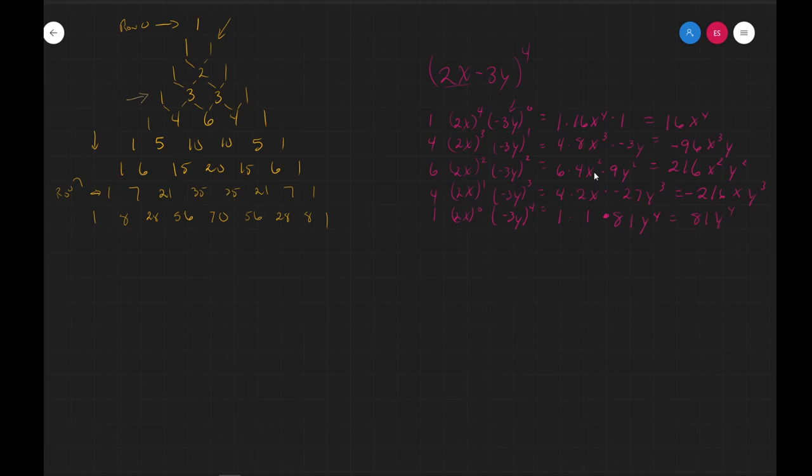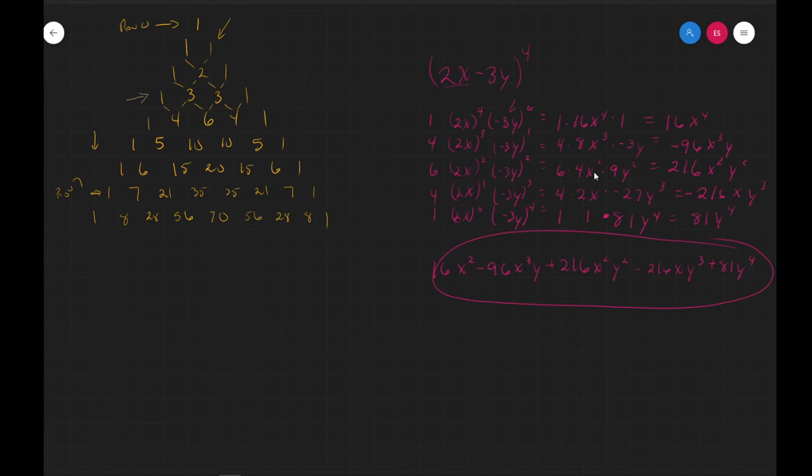So for our final answer, we would just rewrite these in that polynomial form: 16x to the 4th minus 96x cubed y plus 216x squared y squared minus 216xy cubed plus 81y to the 4th power.